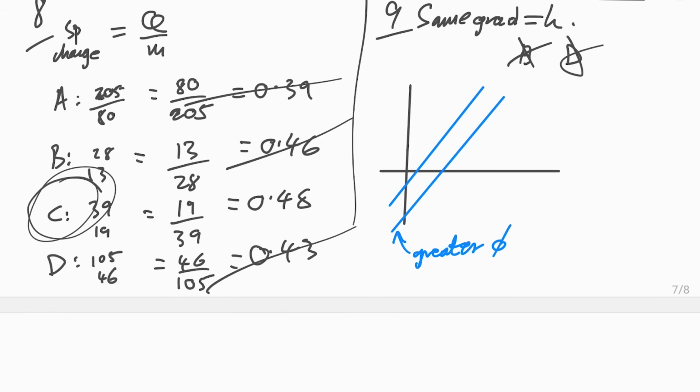And so what are we told? The work function of X is greater than the work function of Y. Therefore, this has to be X. This has to be Y. So it looks like our answer is A.